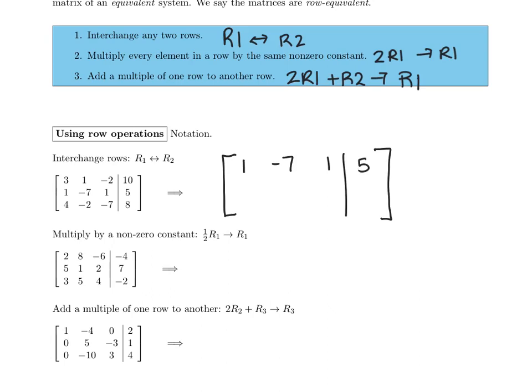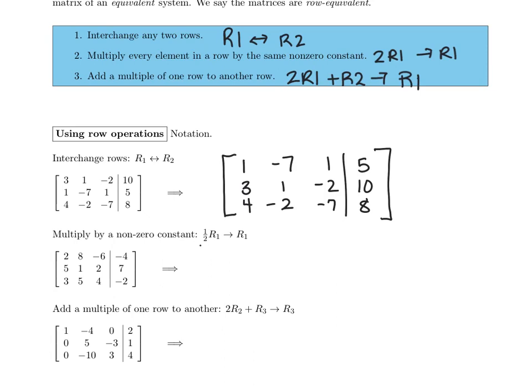Everything in row 1 goes to row 2: 3, 1, -2, 10. And we didn't do any changes with row 3, so just recopy that down. That's interchanging rows. It's just saying you can move equation 1 down, you can move equation 3 up.